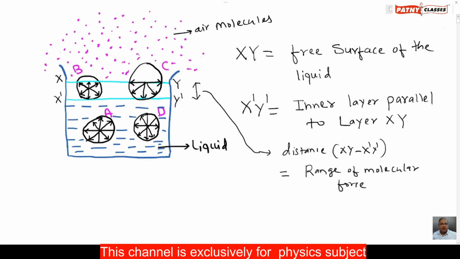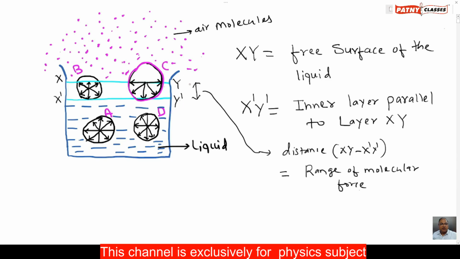That means this spherical surface we have drawn is the sphere of influence. So the layers XY and X dash Y dash are within the sphere of influence.